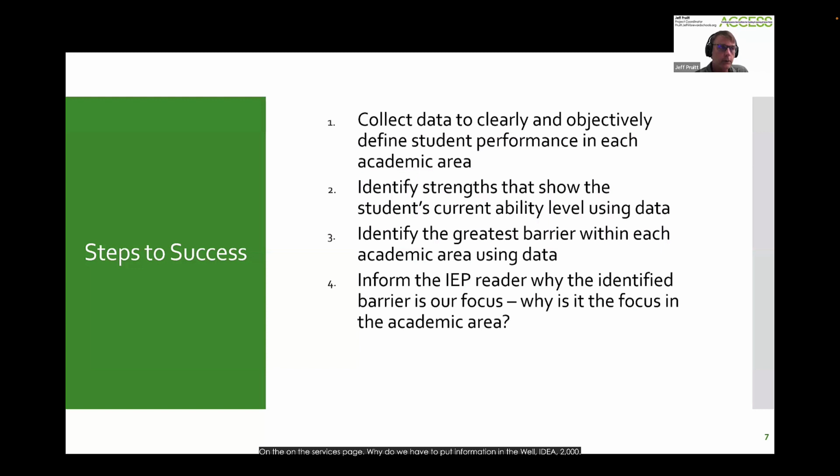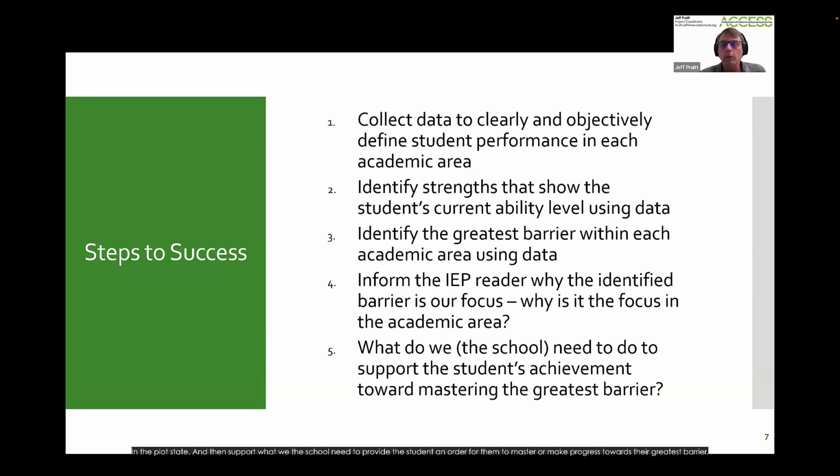Well, IDEA 2004, ESSA 2015, and our newest Florida rule say that all things in the IEP, accommodations included, assistive technology included, must be based off a documented need. And where in the IEP do we document the need? In the PLAF. And then that supports what we, the school, need to provide the student in order for them to master or make progress towards their greatest barrier.